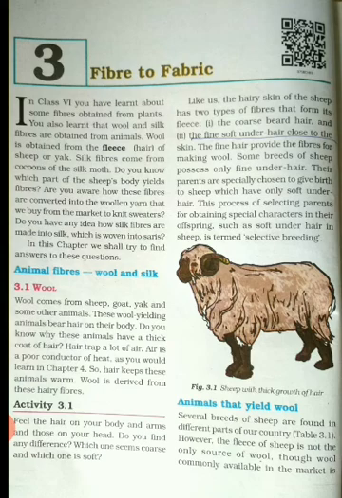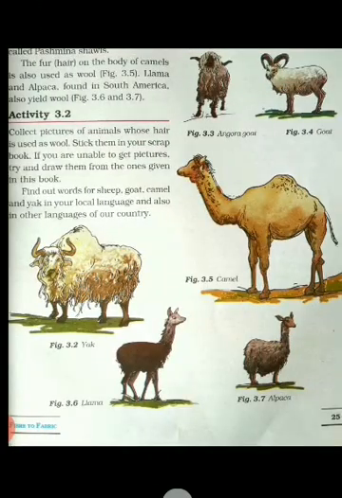How is wool obtained? It is obtained from the hair of the sheep, camel, goat or rabbit. There are different varieties of animals which give us wool.